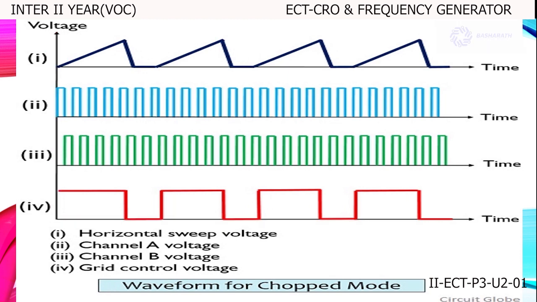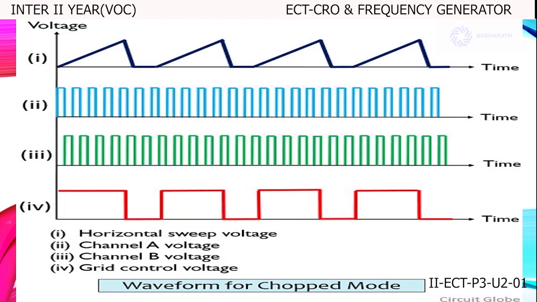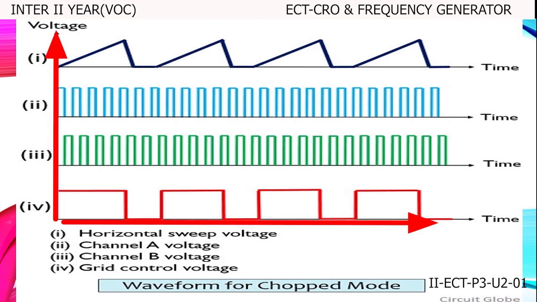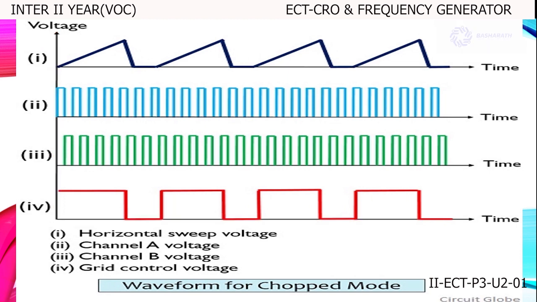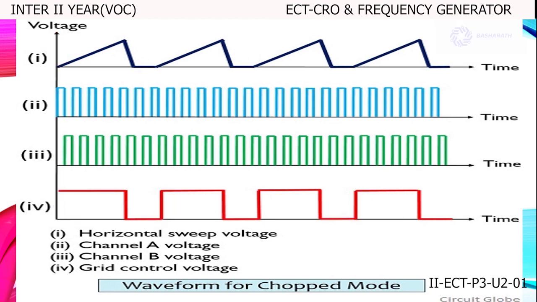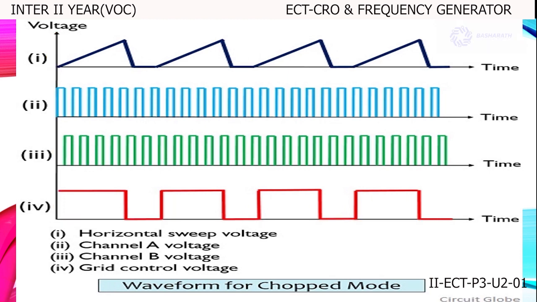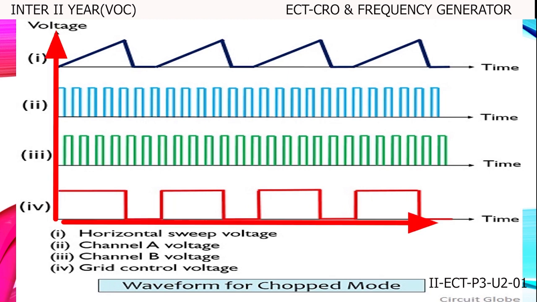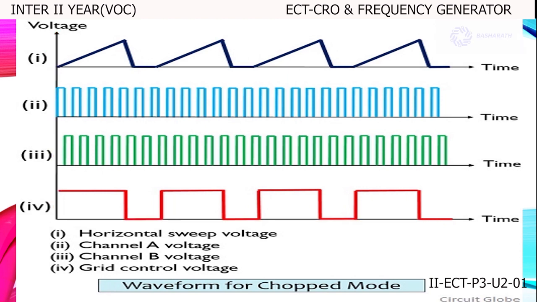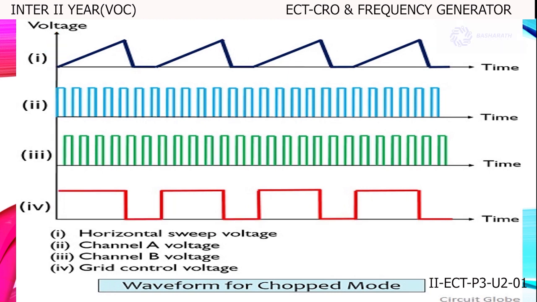Here, the electronic switch undergoes free running at a high frequency of about 100 kHz to 500 kHz, and the frequency of the electronic switch does not rely on the frequency of the sweep generator. Hence, in this way, small segments of two channels get connected to the amplifier in a continuous manner.